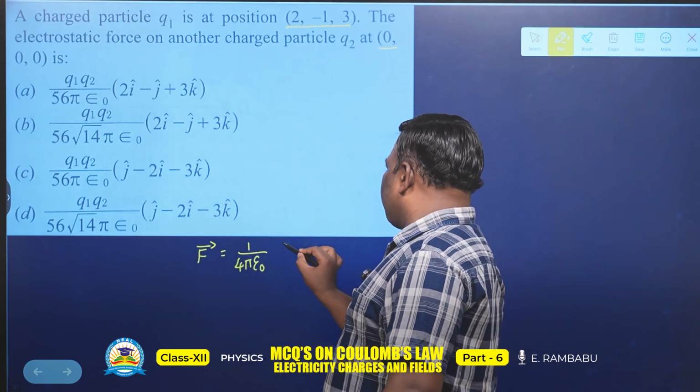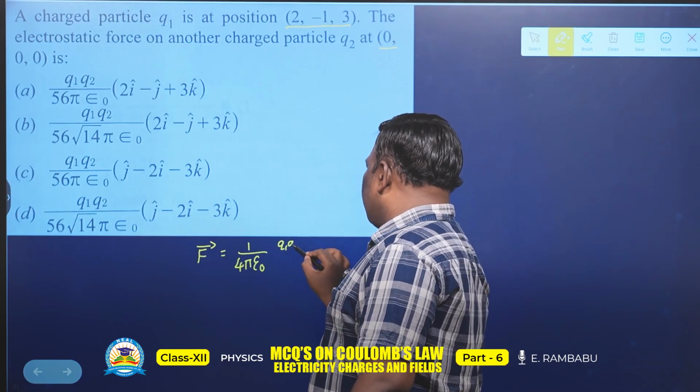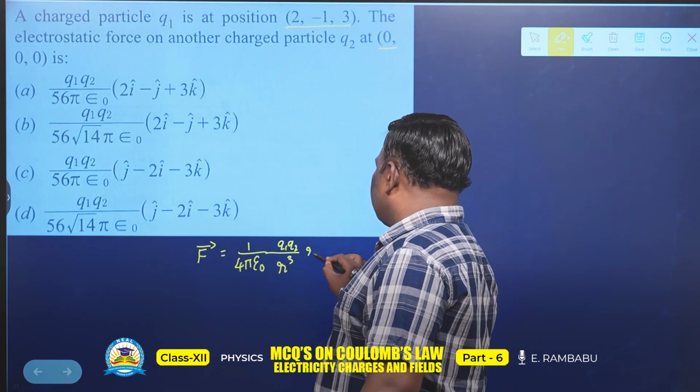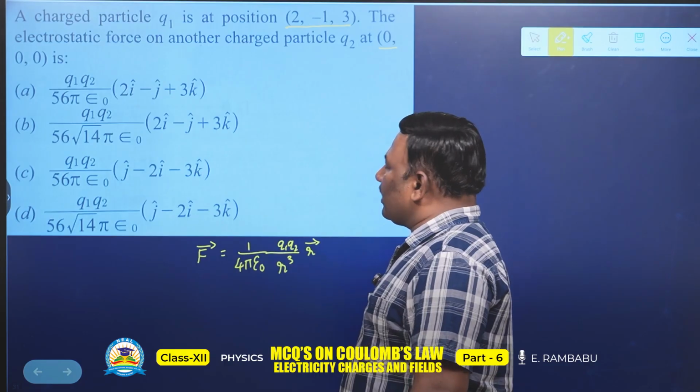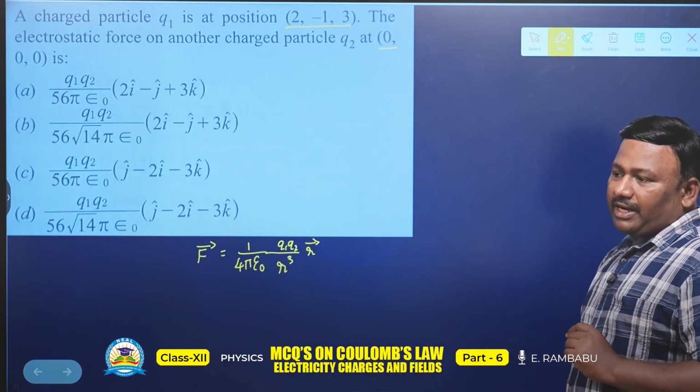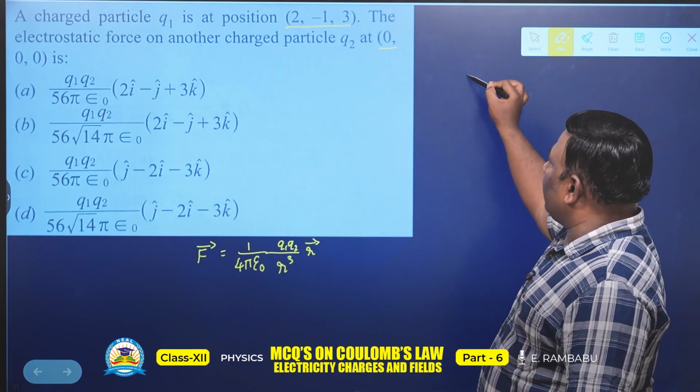The formula is Q1 into Q2 divided by r cube in the r bar direction. Actually r cap can be written as r bar by magnitude of r. First we are going to take r.